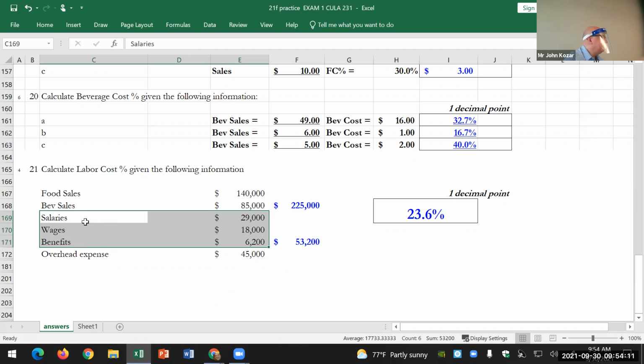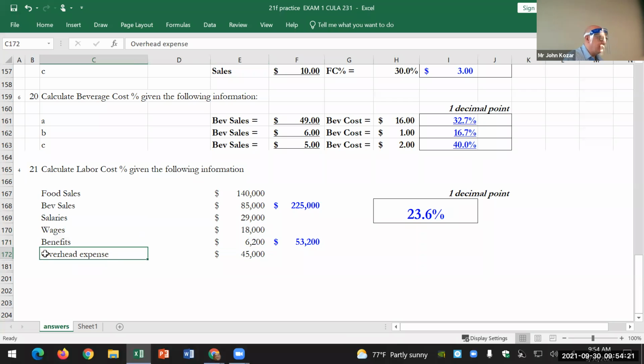But it could be salaries and wages could be combined, benefits could be separate. We might only have 2 numbers to add. The point is, any other expense doesn't have anything else to do. Like if I put in food costs and beverage costs, that again is not going to affect the calculation for labor costs.